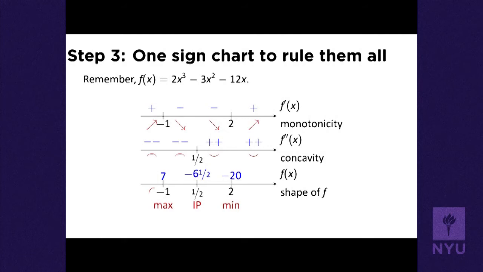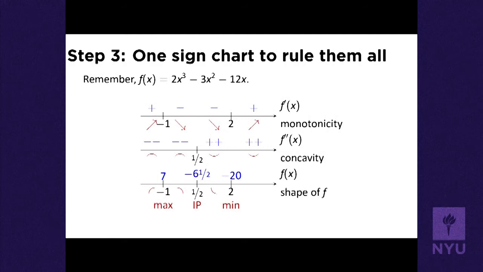Okay. Now, between -1 and 1/2, the function is decreasing and concave down. So let's graph something that's decreasing and concave down. It'll go like this, right? Decreasing, but concave down. And so we'll get that.